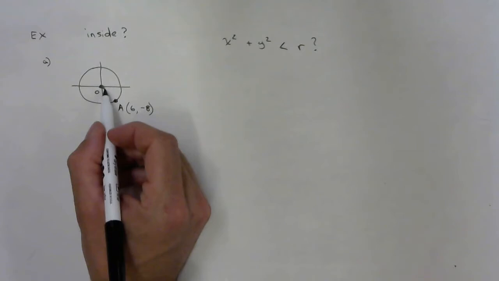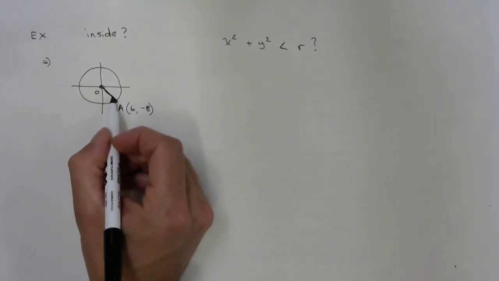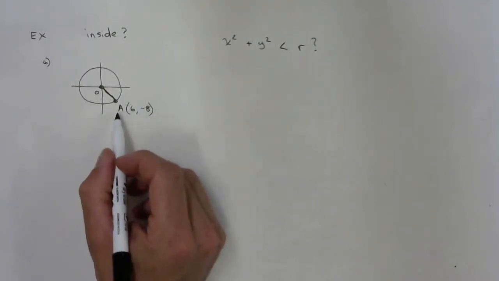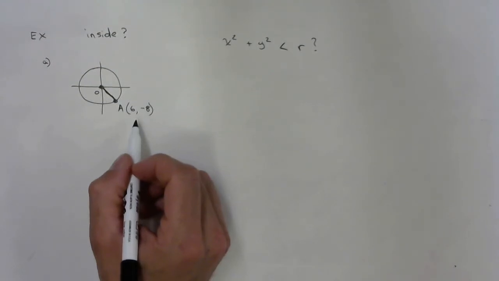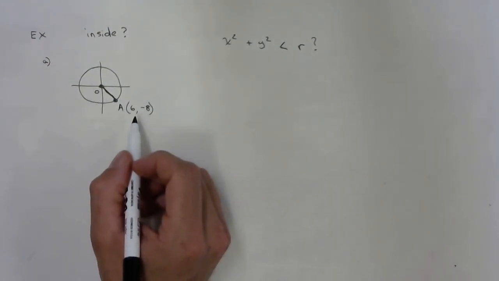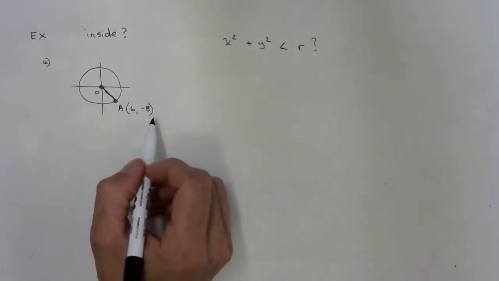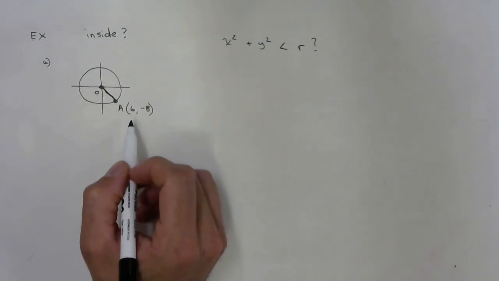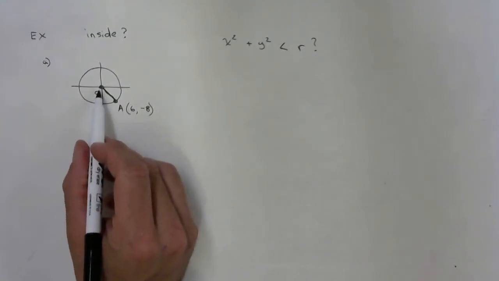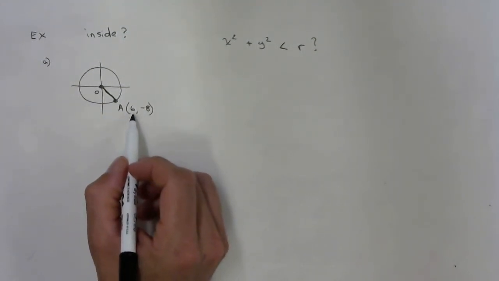It goes through 6, negative 8. So I know that this point satisfies the equation. And I'm going to develop an equation for the circle that I just drew with only this information. Okay? And I can do it. It goes through the origin, and it has a point on it of 6, negative 8.